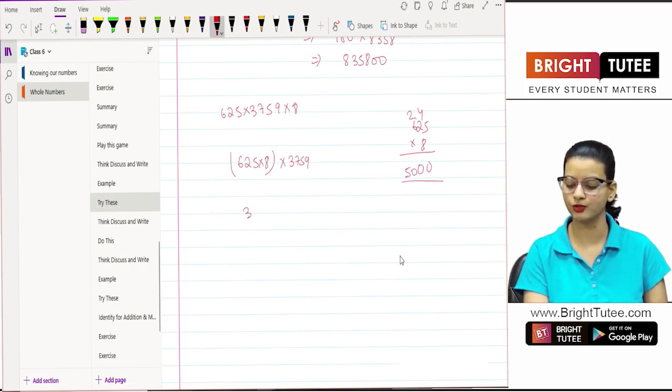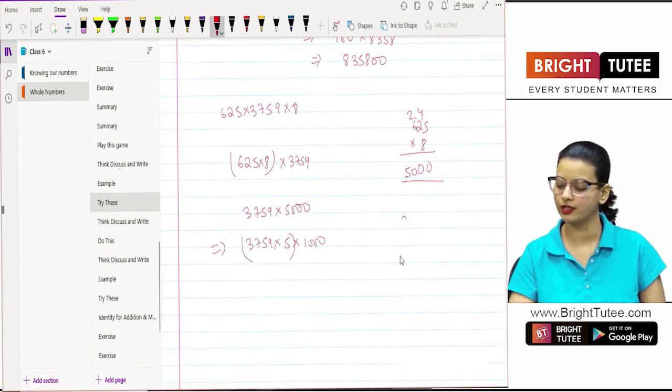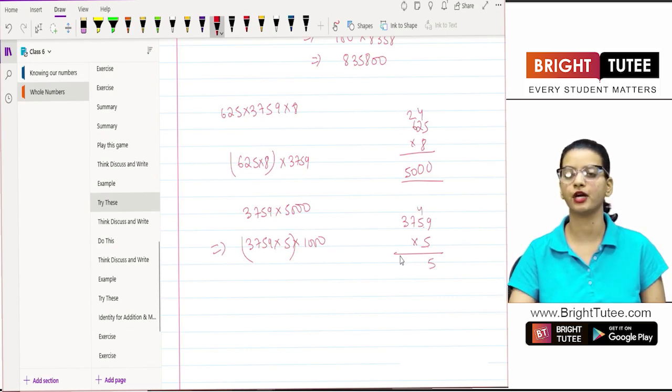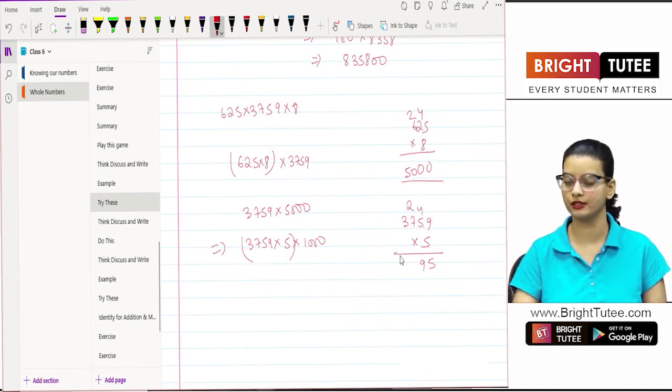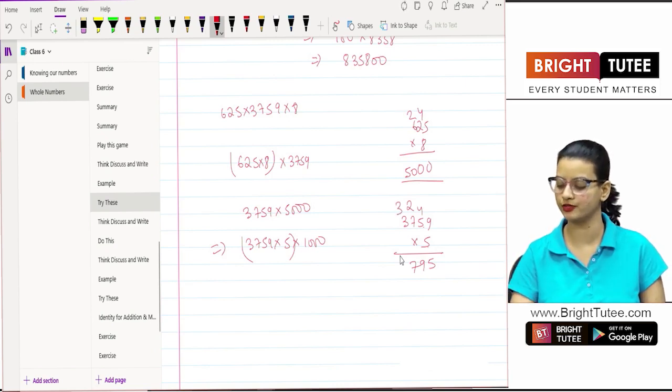So we directly have to multiply 3759 × 5000, or 3759 × 5 × 1000, right? We can easily calculate 3759 × 5. 5 × 9 is 45, so 5 carry over 4. 5 × 5 is 25, 25 plus 4 is 29, so 9 carry over 2. 5 × 7 is 35 and 35 plus 2 is 37, so 7 carry over 3. 5 × 3 is 15 and 15 plus 3 is 18.